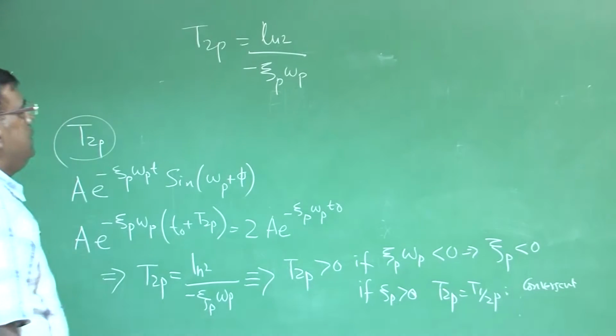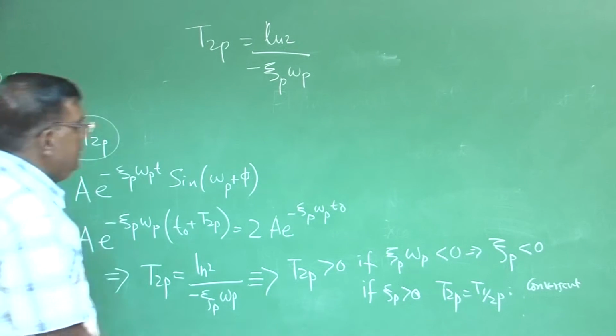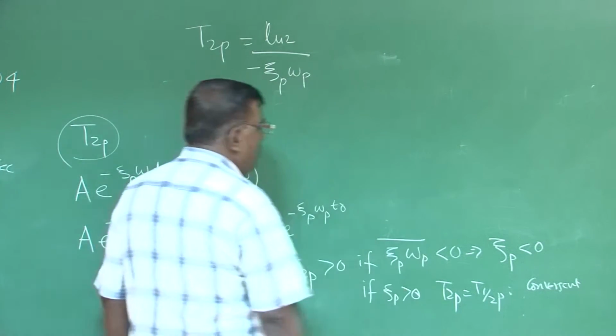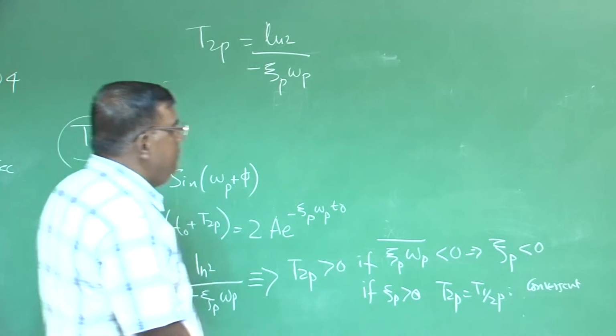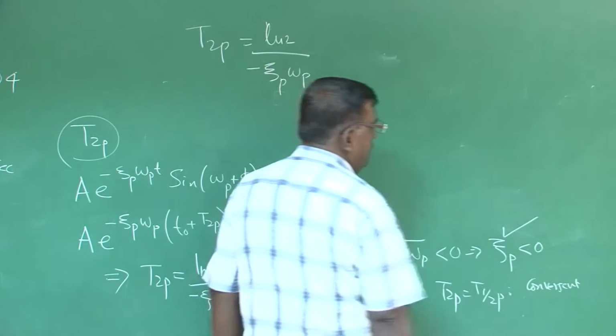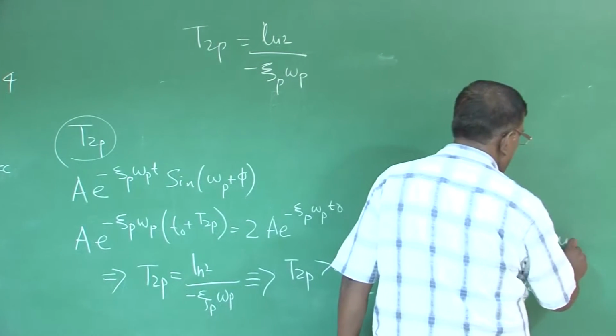And you could see that if I want time to double to be positive, then zeta p omega p should be less than 0, and omega p is never less than 0. So the only way it could be possible is the damping ratio is negative. Then only we talk about time to double. That means it's an undamped system. Okay? So this is undamped. So we say phugoid is undamped.